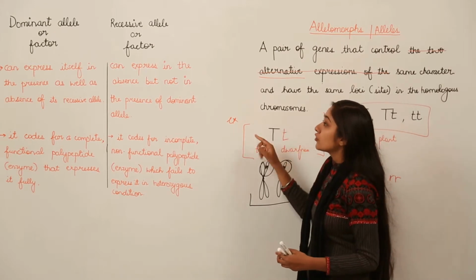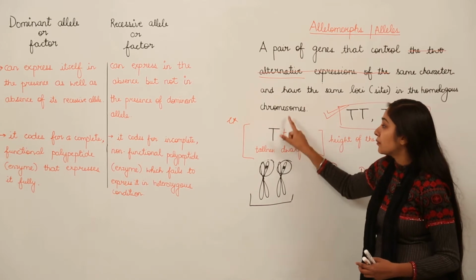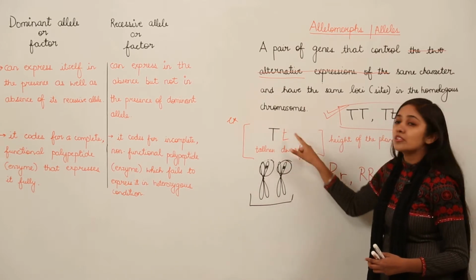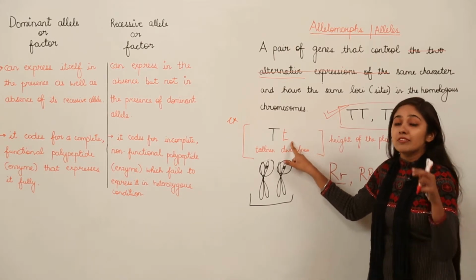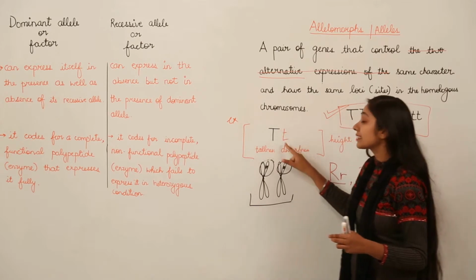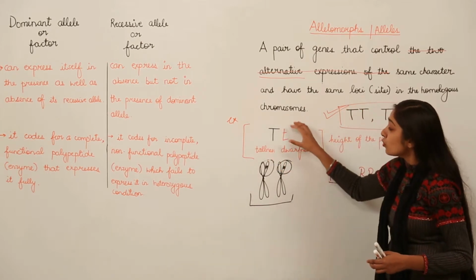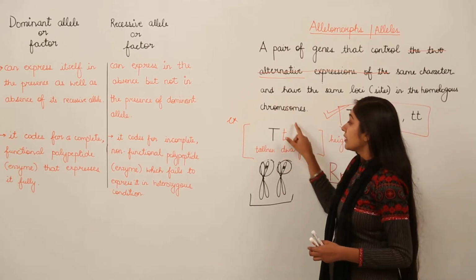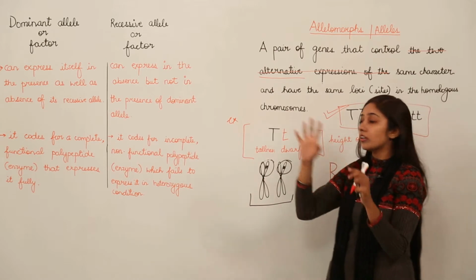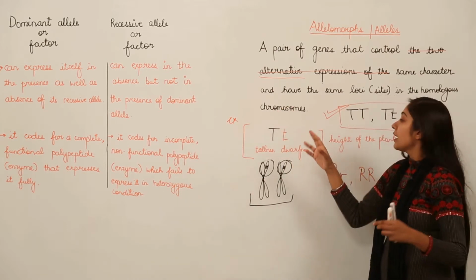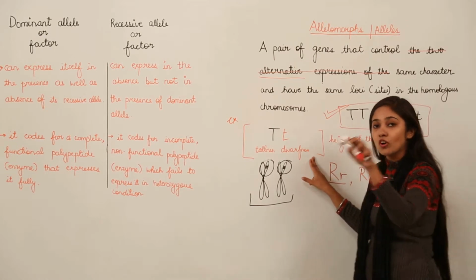Dominant allele is that allele which expresses itself in the presence as well as absence of the recessive allele. Remember, we write the recessive allele in lowercase and the dominant allele in uppercase. So for this pair, the plant will be taller. We will not see the characteristic of dwarfness, a short height plant.